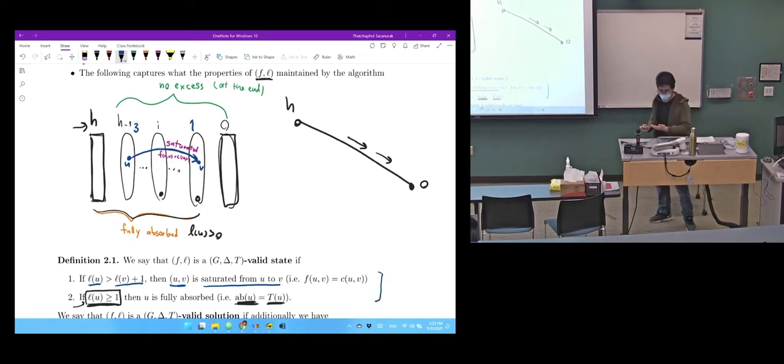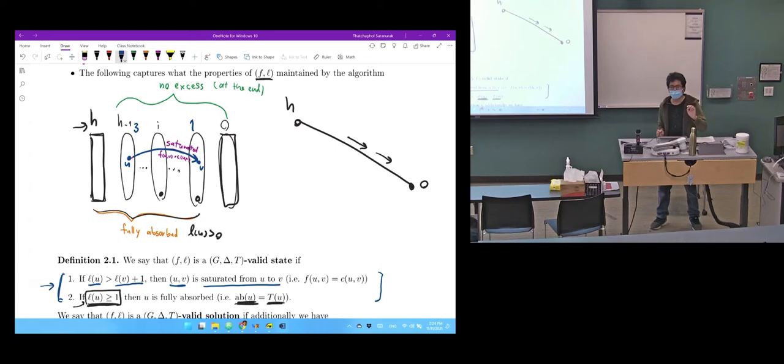If you have seen blocking flow, this resembles what blocking flow will certify too, but it doesn't matter if you have seen it.